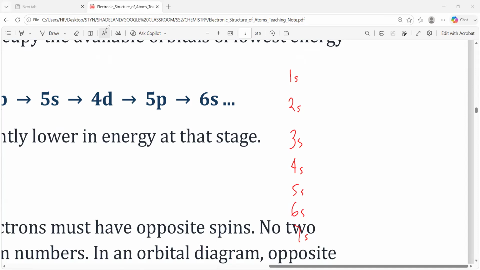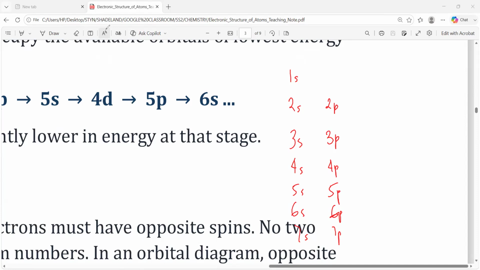Okay, then this is for the s. Now when we come for p, there is no 1p, so we'll go down to 2p, then we have 3p, then 4p, 5p, 6p, 7p, and so on and so forth.